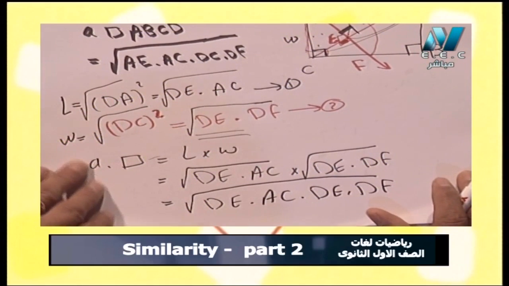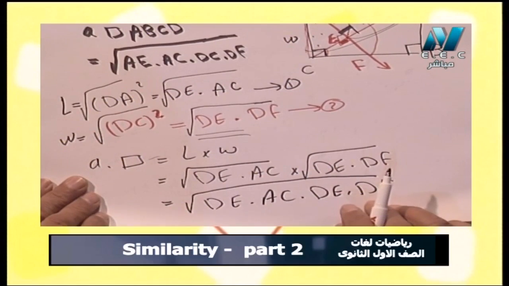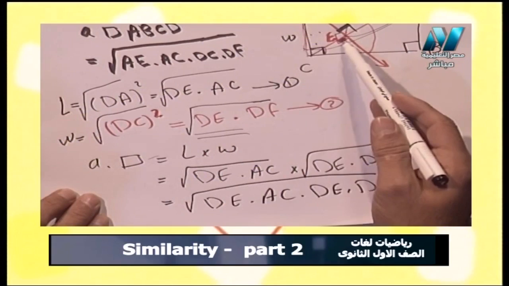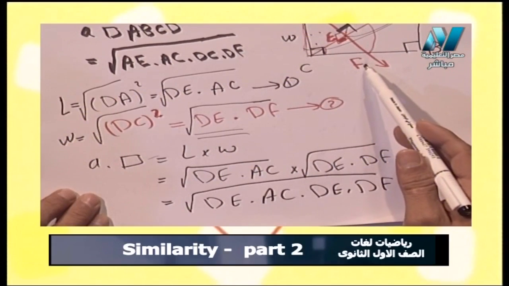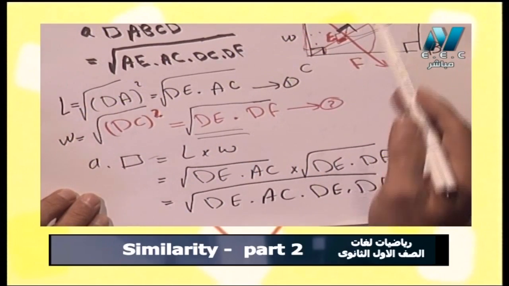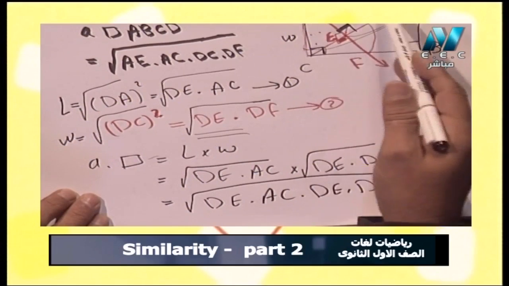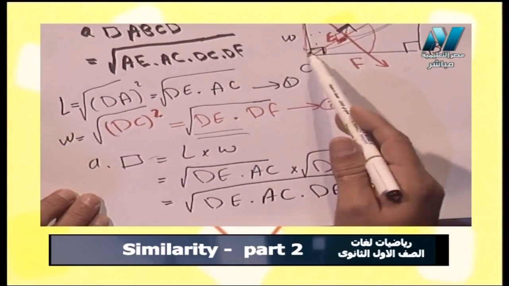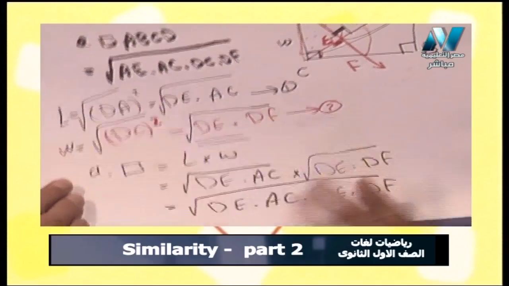Okay, we have here CD^2 equals DE multiplied by DF, and this part, DA^2, equals AE multiplied by EC. Okay, let's go to another question here.